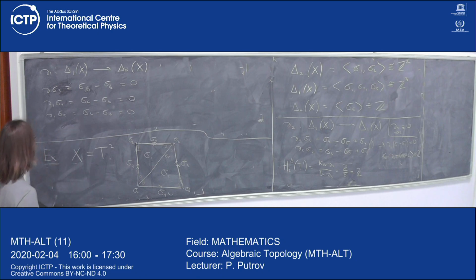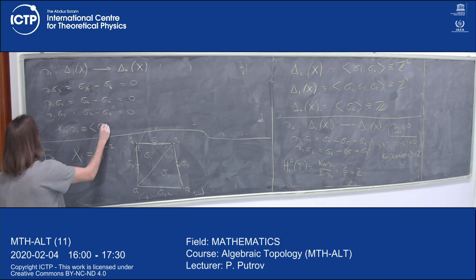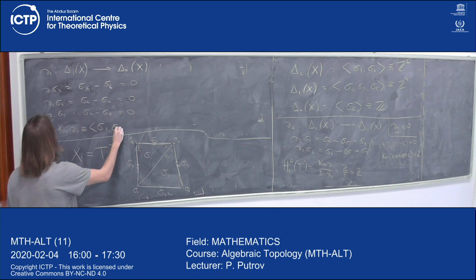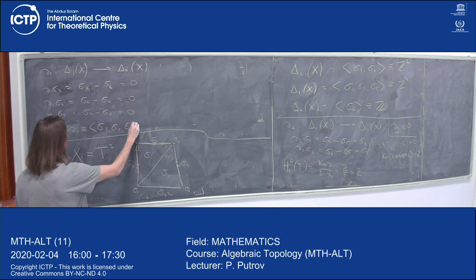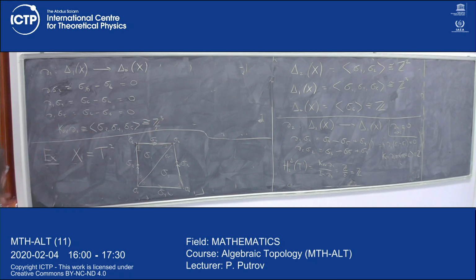So in particular, this means that the kernel of D1 is just the whole space generated by sigma 3, sigma 4, sigma 5, which is Z cubed.